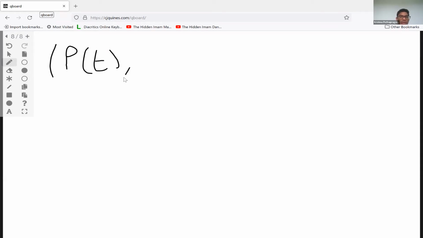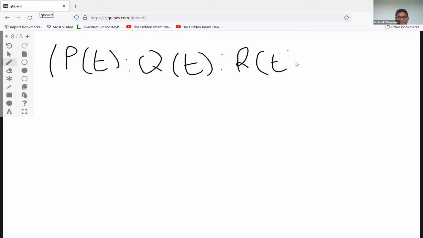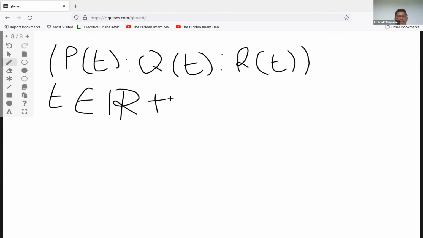It's going to move like this for polynomials p, q, and r, and t that is in the real numbers plus infinity.